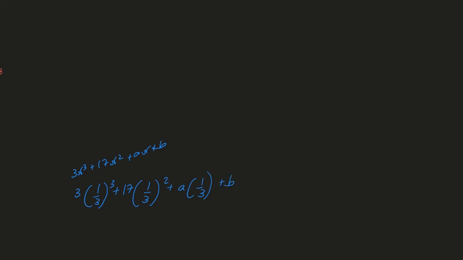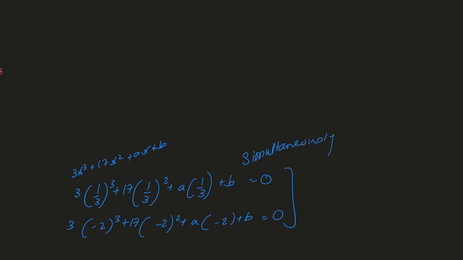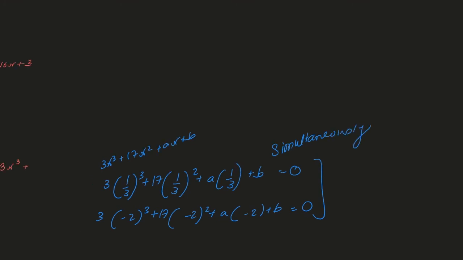And for the next one, you input minus 2 into this: 3 times (minus 2) cubed plus 17 times (minus 2) squared plus a times (minus 2) plus b. In both of the cases, this should be 0 because these are factors. And so you'll get two equations which you'll have to solve simultaneously, and you'll basically get the answer by doing that.